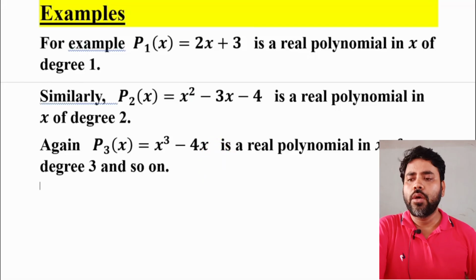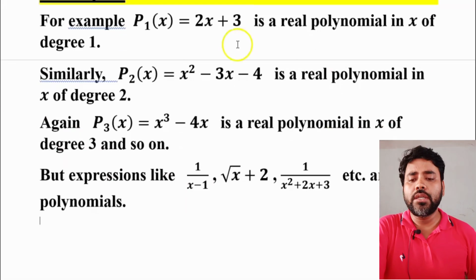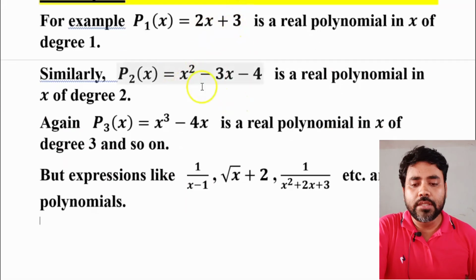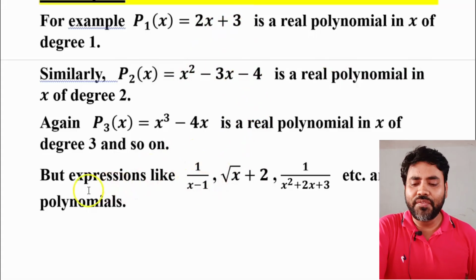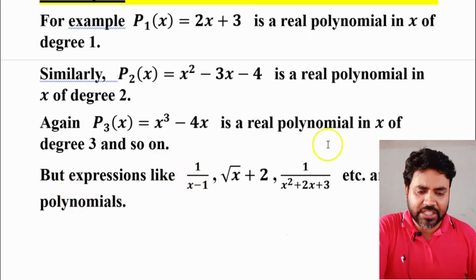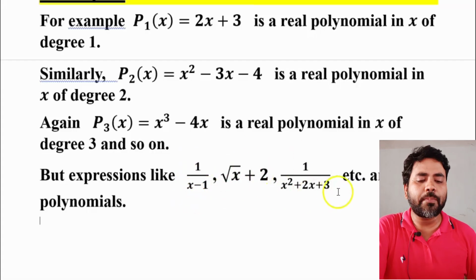Now we have learned what polynomials are. Now we also have to learn what are not polynomials. For example, this kind of expressions are not polynomials, like 1 by x minus 1, root x plus 2, 1 by x square plus 2x plus 3.